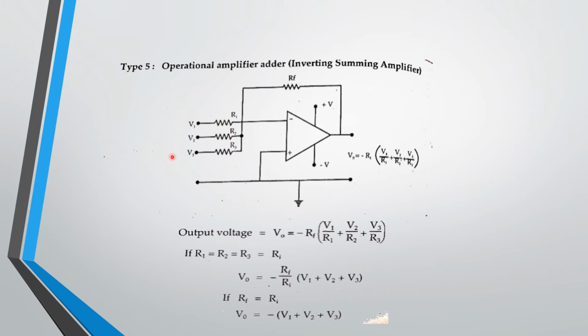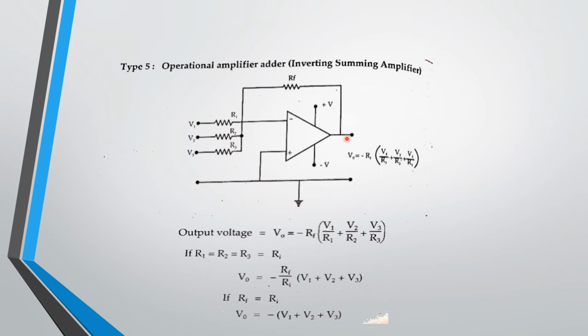Now as shown in this circuit diagram, V1, V2, V3 are three voltage levels which are applied with the help of resistors R1, R2, R3 to the inverting input terminal. The non-inverting terminal is connected to the ground potential.